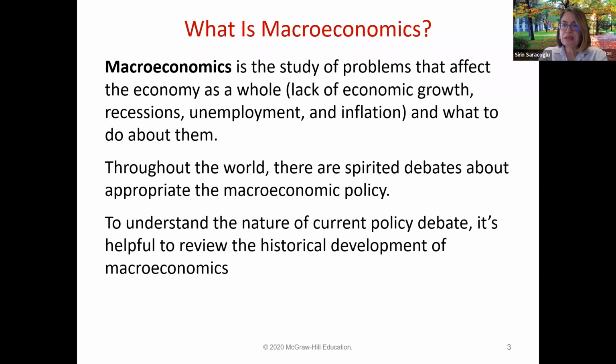We study the downturns and upturns, such as recessions and recoveries, and also the reasons and the consequences of these actions. We talk about unemployment, we talk about inflation, again, the reasons and the consequences of unemployment and inflation. So we also look into what can be done about these problems through government policy. What can be the remedies to these problems through government policy?